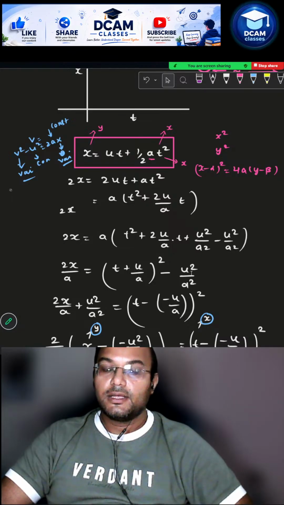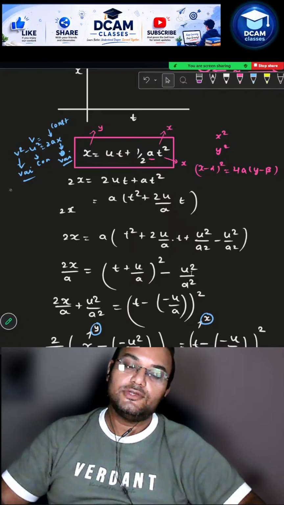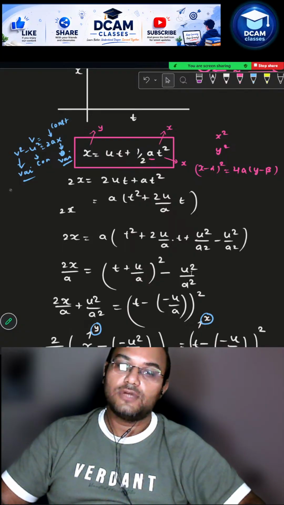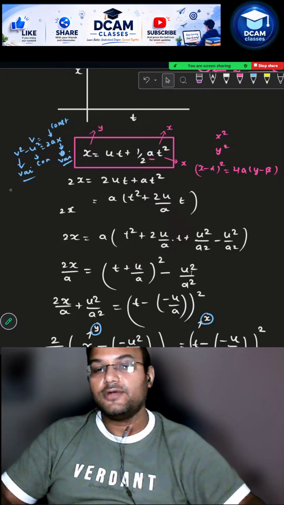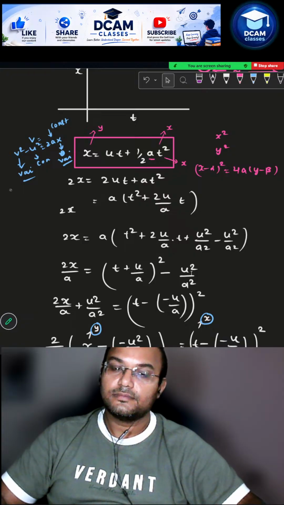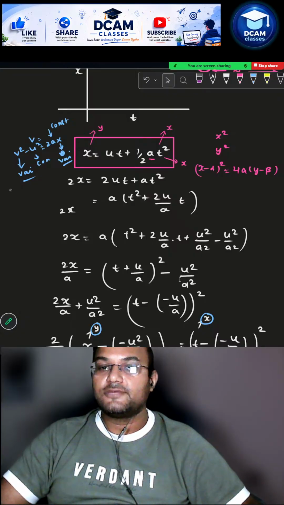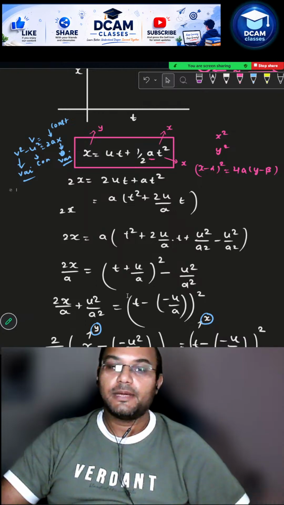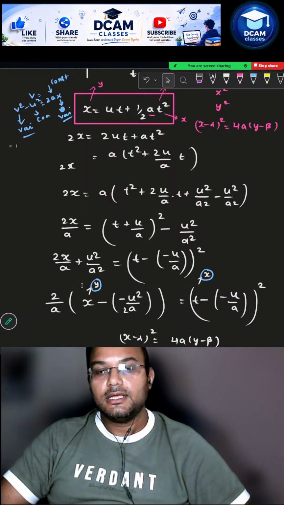Because my parabola contains either x square is equal to 4ay type, x minus alpha whole square is equal to 4a into y minus beta, or it contains y minus beta whole square is equal to 4a into x minus alpha. You made it a square term. That's why I try to convert it into one of the forms of the parabola. Now when we have converted it totally, we got this kind of equation.